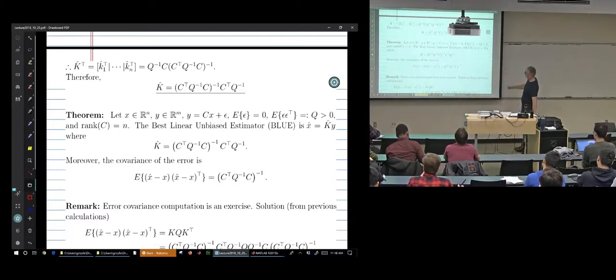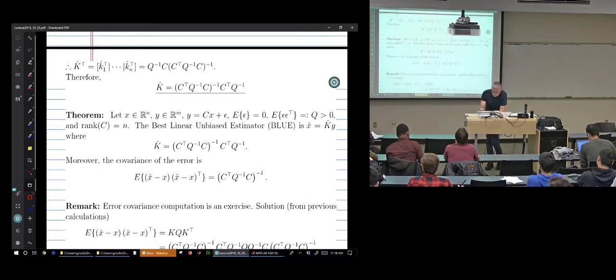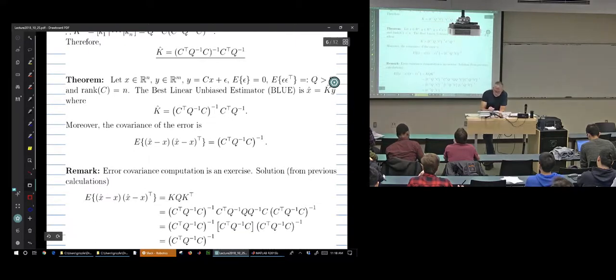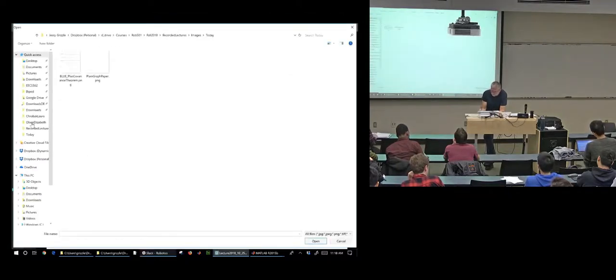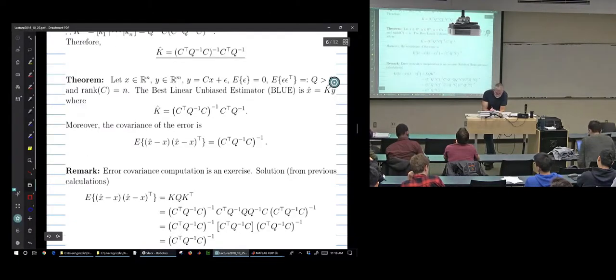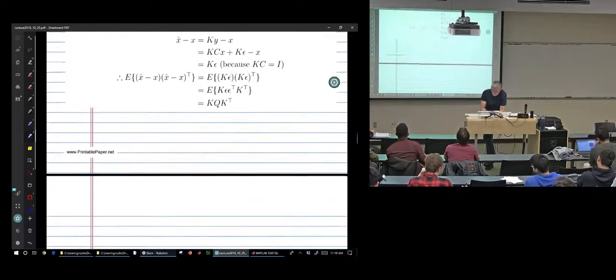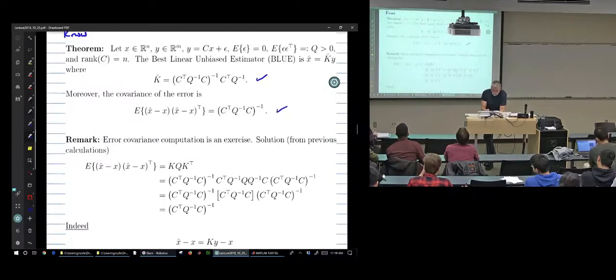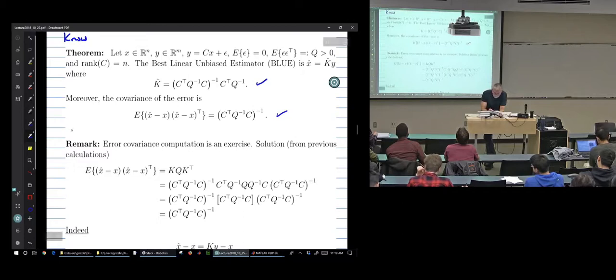Okay, so we're going to go through the derivation, but the thing you really want to get out is summarized here. The derivation you will not be responsible for, but you need to know this, this, and also derive the variance.